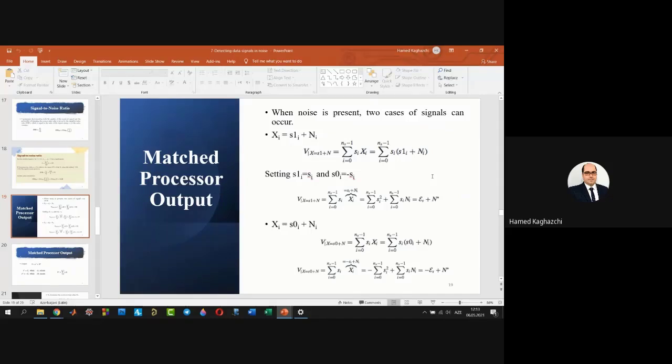One kind of linear processor. The matched processor is one kind of linear processor. So in the previous week, we investigated the special case. What was the special case? We supposed that we don't have noise. We investigated the noiseless case.